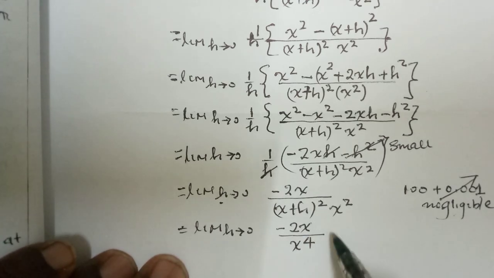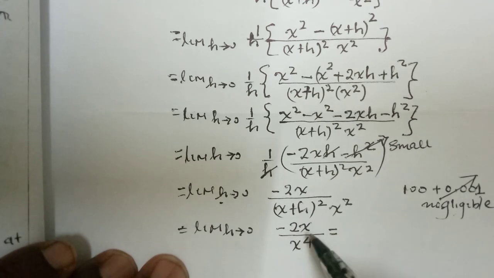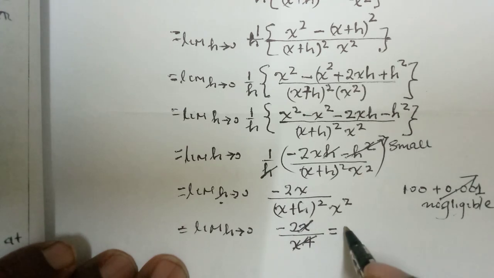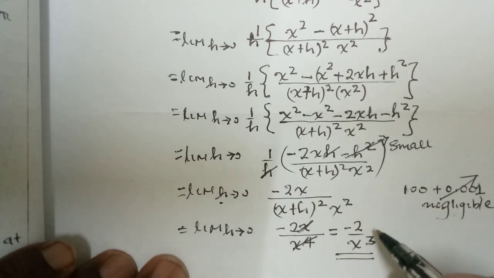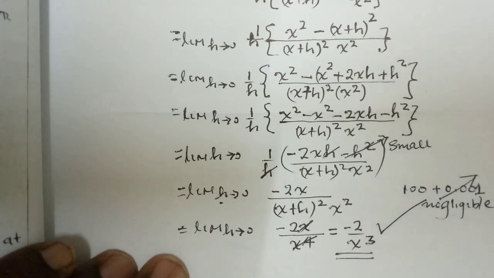Now we can cancel one of the x and one of the x here. So this one will now be minus 2 all over x raised to 3. This is our solution.